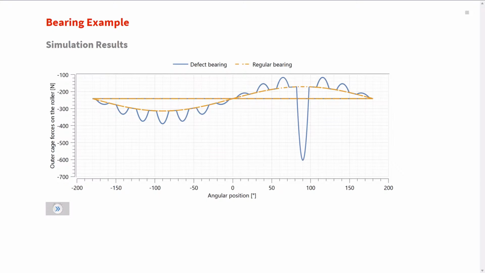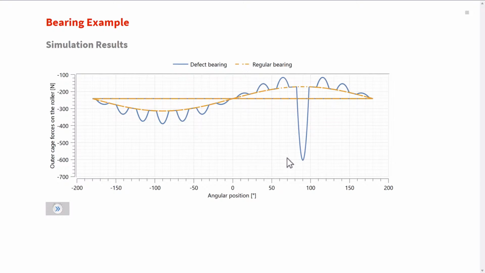Now let's turn to the defective bearing. At first look, it follows a similar pattern, yet we can't miss the ripples, the peaks over here, and these signify the extra forces introduced by the defect. The defect is located inside the outer cage, positioned at 12 o'clock; we witness an increase in force as the roller approaches the defect and a decrease as it continues towards 6 o'clock.